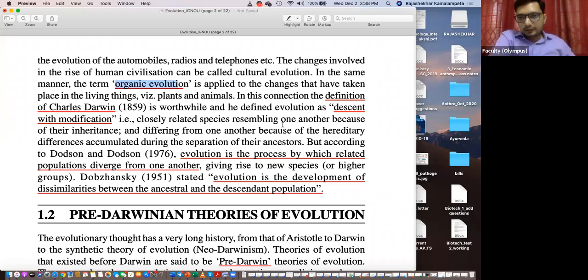These components are rarely present in them, but they do occur. So these things are called organic material. Organic means our body is made up of mainly carbon, hydrogen and oxygen, so we refer to them as organic bodies. So organic evolution means changes that have taken place in living things like plants, animals, etc. The formation of living systems and changes in them is what is called organic evolution.